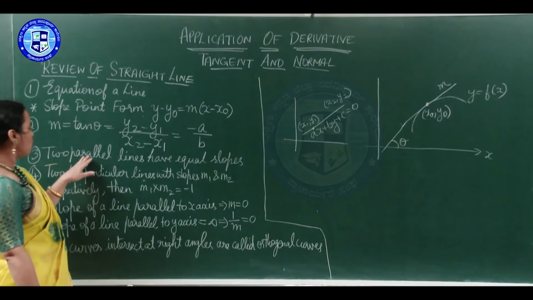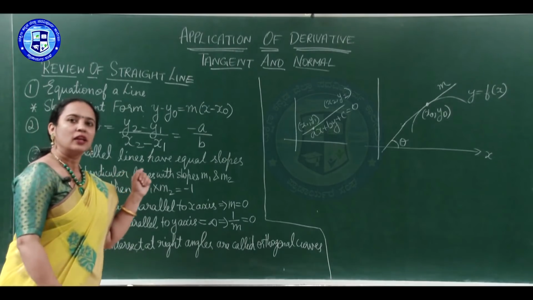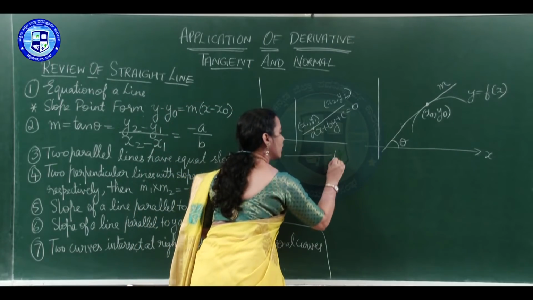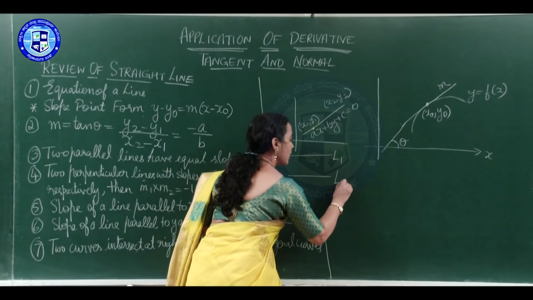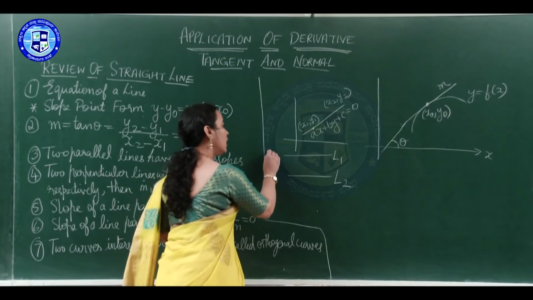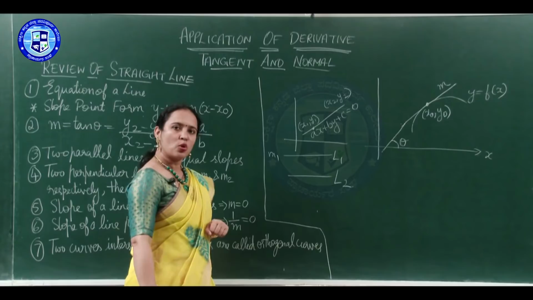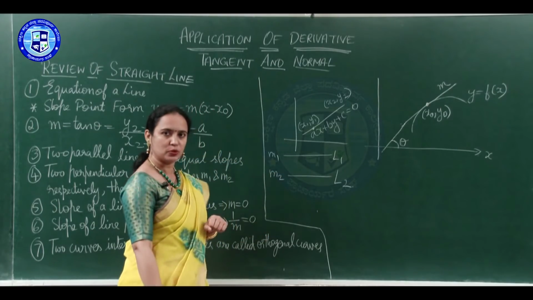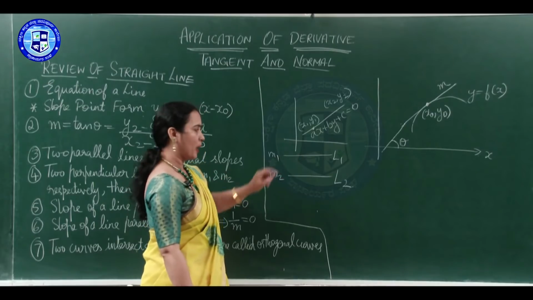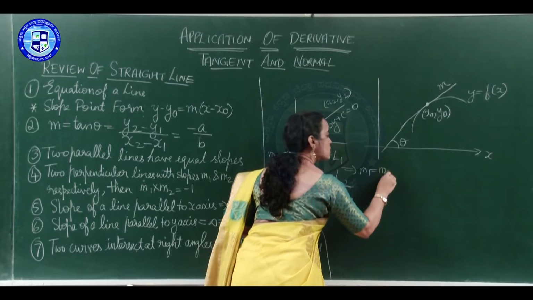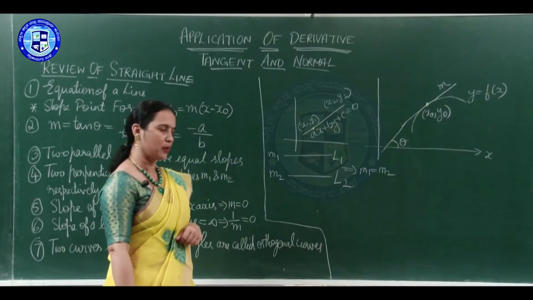Next, if two lines are parallel, then they have equal slopes. Suppose you have line 1 and line 2, and these two lines are parallel. Let me take the slope of line 1 as m1 and the slope of line 2 as m2. If two lines are parallel, that means slopes are equal, so m1 will be equal to m2.